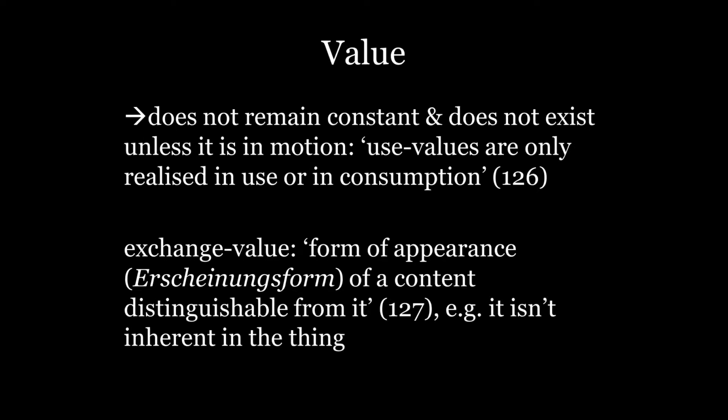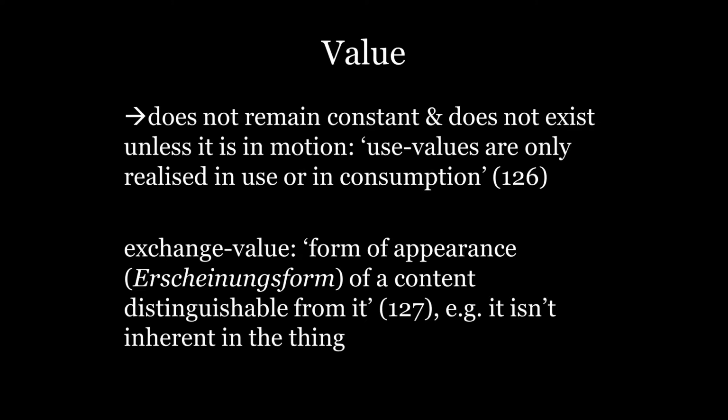Okay, so value, a fundamental concept in Marx's work. Value is something that does not remain constant and exists only in motion. So it's not something that is inherent in things. Specifically, exchange value can only exist in relation to something else. Use values are only realized in use or in consumption, for example.